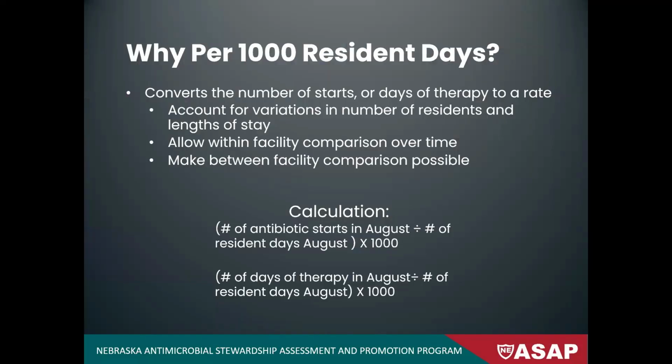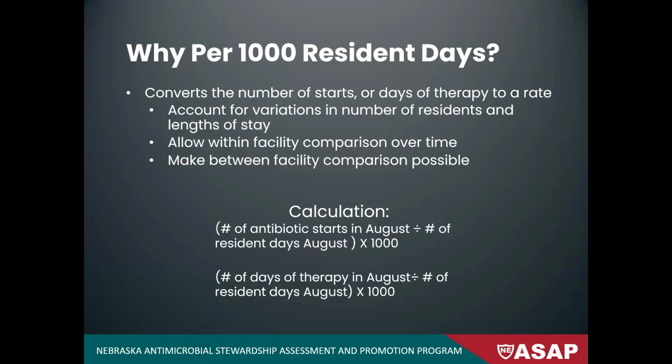So you may have seen also on the last slide, when we talked about starts and days of therapy, that it was listed per 1,000 resident days. The reason it is listed like that is we want to convert these numbers to a rate. This accounts for variation in how busy your nursing home is, and it allows you to compare yourself to other nursing homes that are maybe a different size than yours.